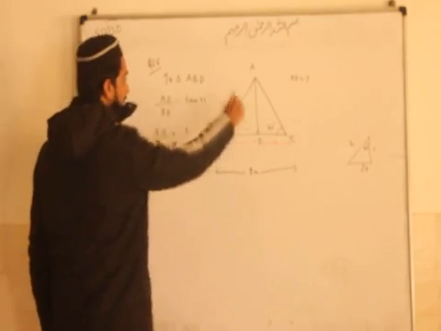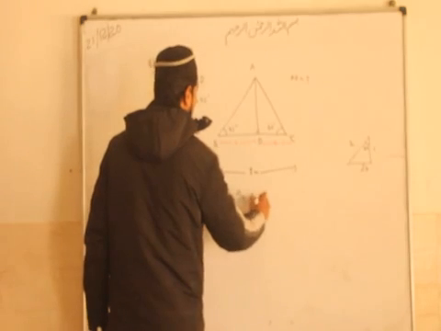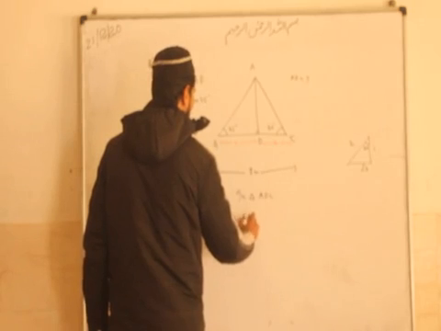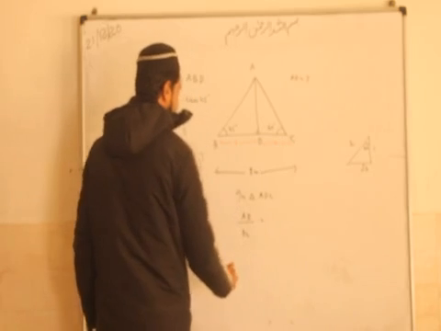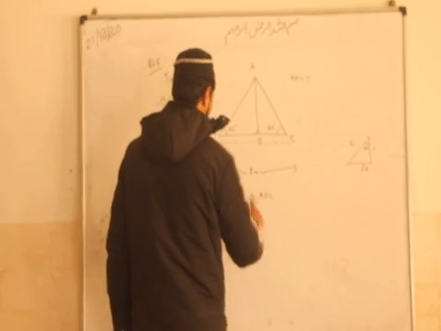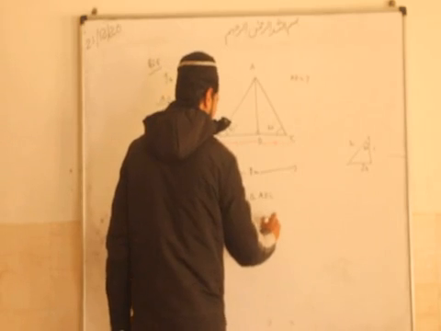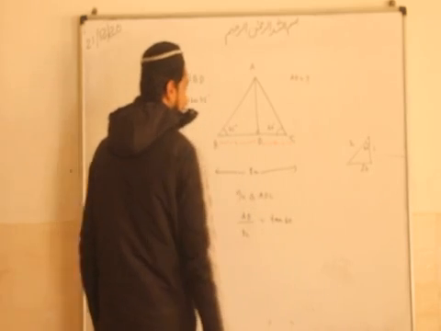Okay, similarly in triangle ADC, this is AD upon DC. AD is perpendicular and this is base, so it will be tan 60, which is root 3.